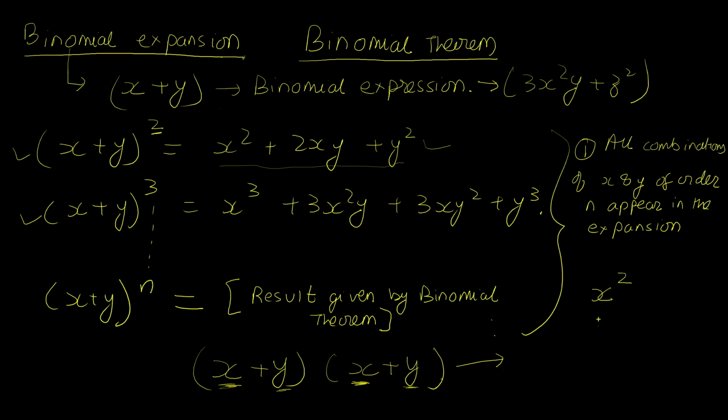Now if I consider terms that consist of both x and y, and if you see the order of this expression, the order is already 2 because x power 1 and y power 1. So 1 and 1 give me the second order. So this is going to be one term in my expression. And similarly, if I take only y, I'm going to get y squared. I promise it will be even more clear when we look at the example for the third power expansion.